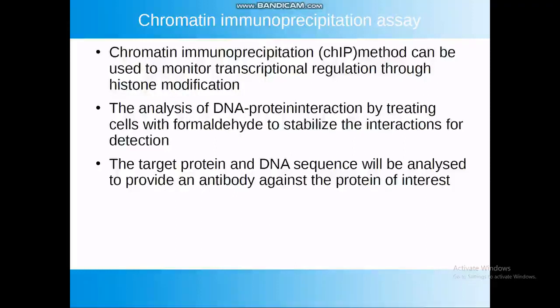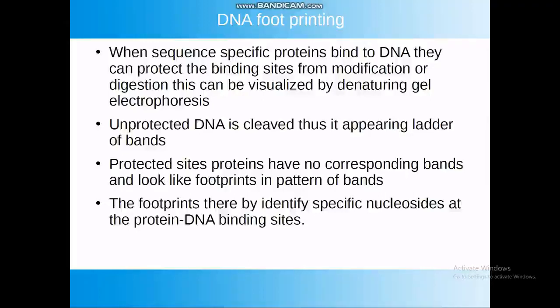And the next method, DNase footprinting. In this method, when sequence-specific proteins bind to DNA, they can protect the binding sites from modification or digestion. This can be visualized by denaturing gel electrophoresis.